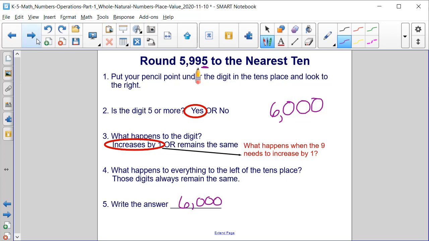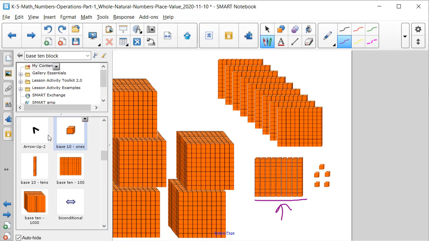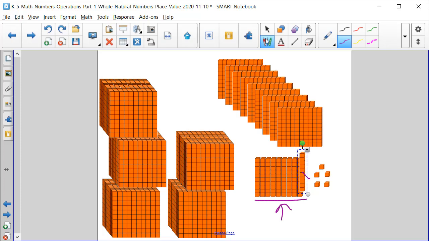We can also take a look at this visually using blocks. So here we have 5,995, and we're rounding to the tens place. So we look at this 5 and we're going to round up because it's 5 or more. So I'm going to add an extra column of 10 blocks here. And when I do that, this ends up becoming a clean set of 100.